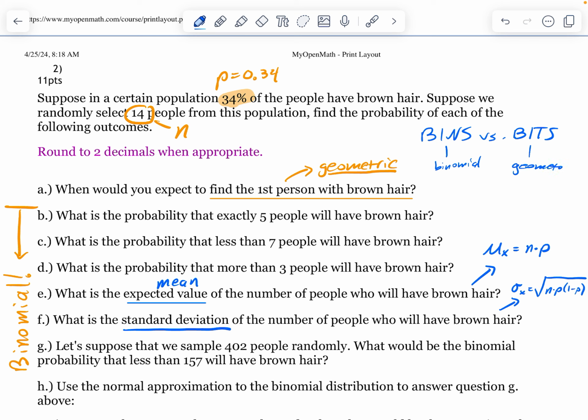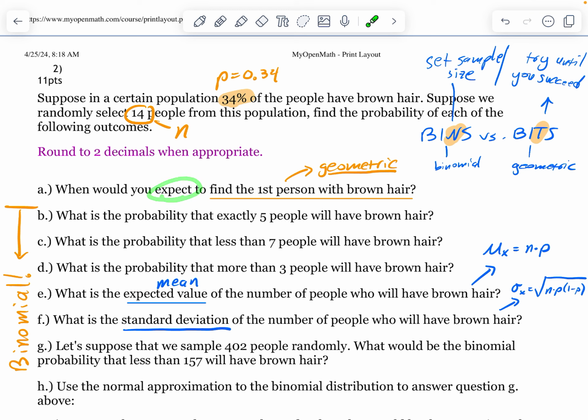The only difference was the n versus the t. N is a set, determined sample size. T was try until you succeed. And that's what we're doing on the first one. We're going until we find the first person.